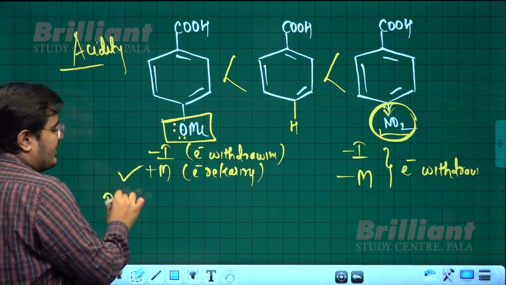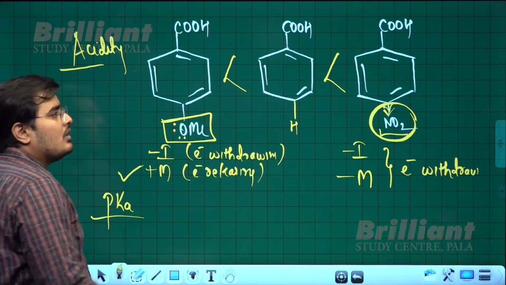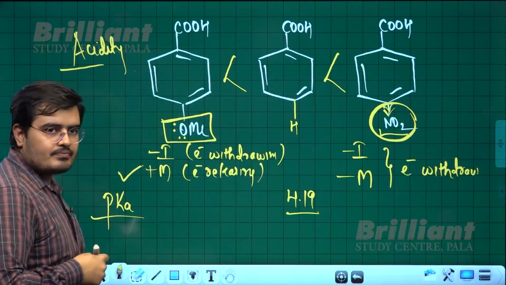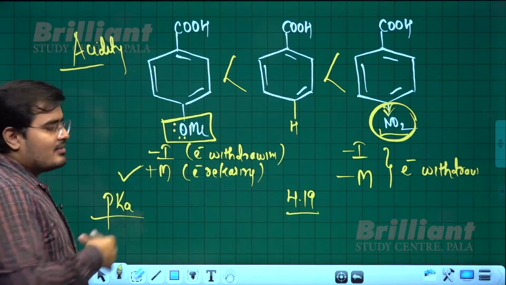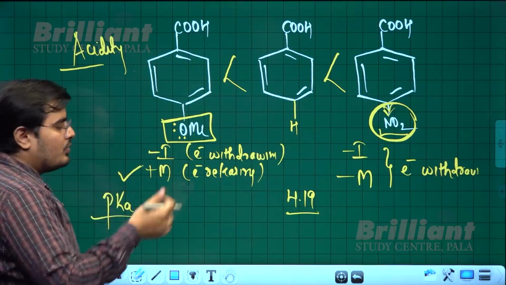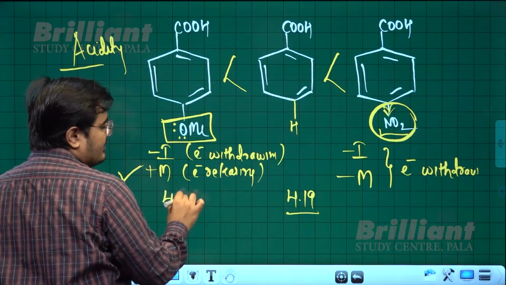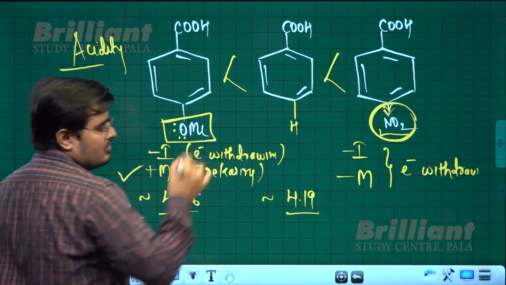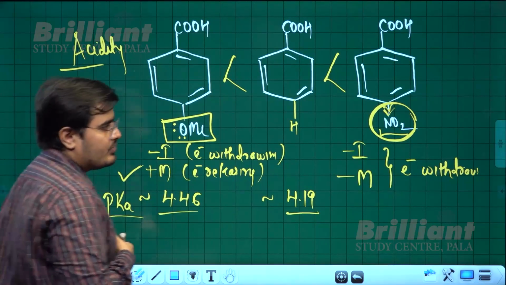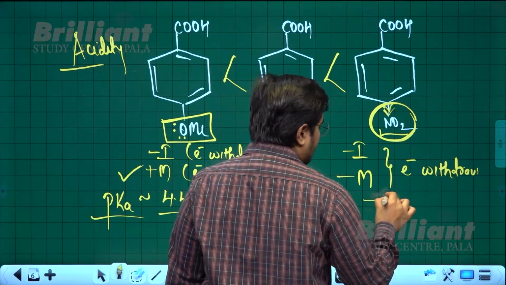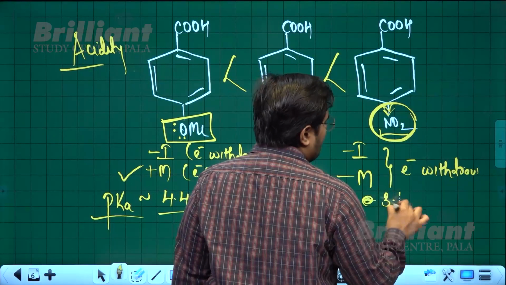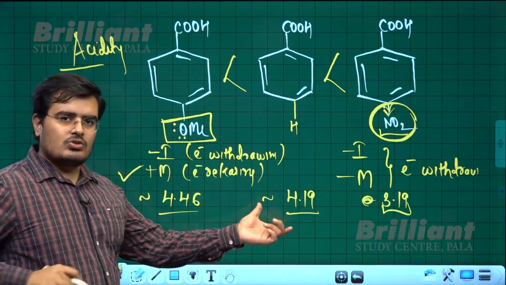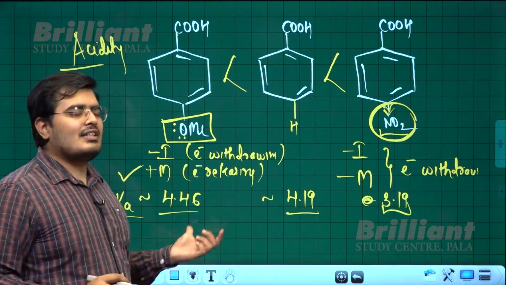This is also reflected in their pKa values. The pKa of benzoic acid, we know, is around 4.19, whereas the one substituted with an electron donating group has a pKa around 4.46, and the one with the nitro group is around 3.19.